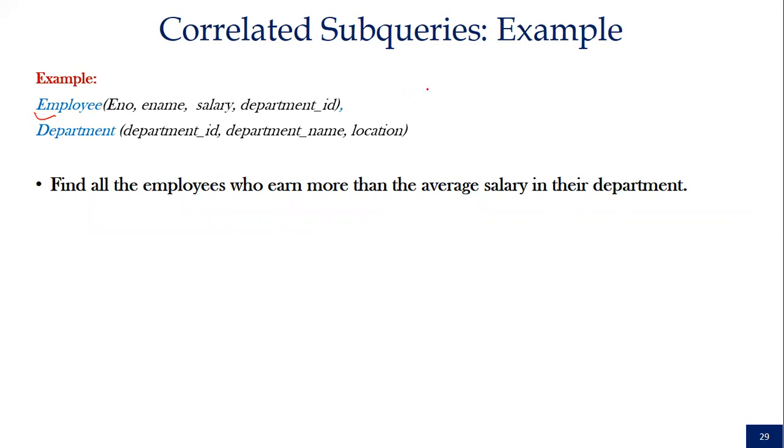So in the table, if I write employee names simply as A, B, C, D, E, F, and their salaries maybe 500, 600, 700, 500, 600, 700, and the department IDs of these employees as 10, 20, 10, 20, 10, 20. So there are two departments available for these employees.